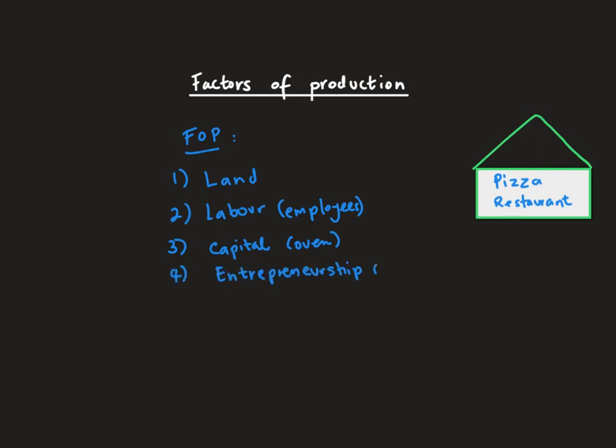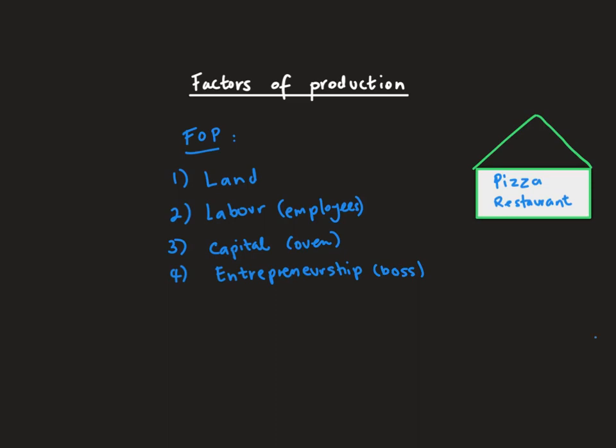So here we can think of yourself as the boss who put up the capital requirement to start the business. And now you're the entrepreneur, you're the leader of the business, of your pizza restaurant, and you employ a certain amount of people to produce a certain amount of pizzas. And you also had to resource the land in order to get the business up and running.